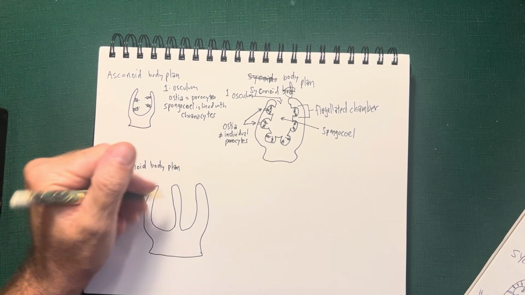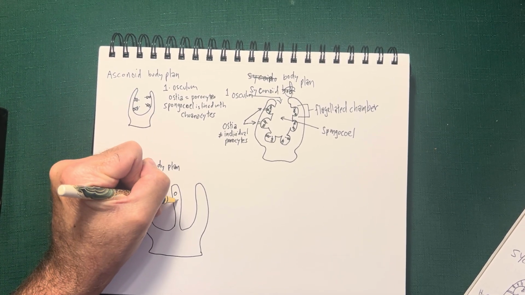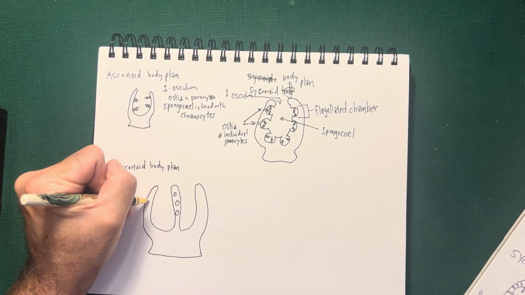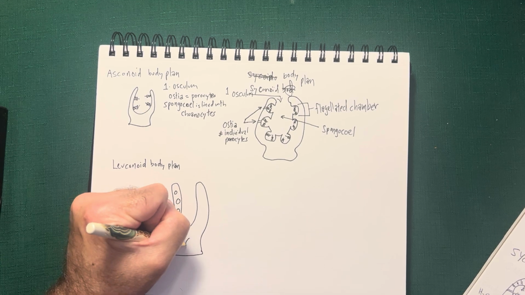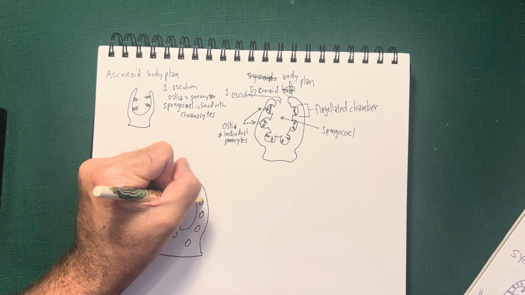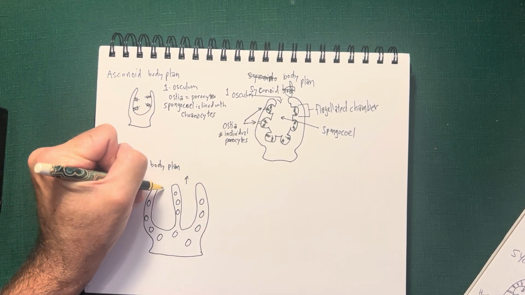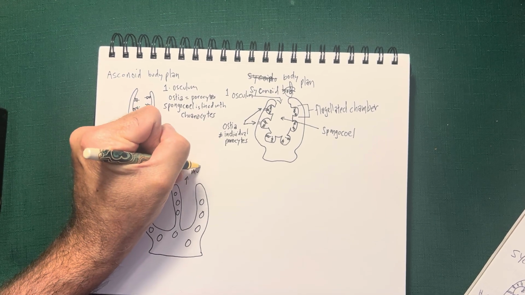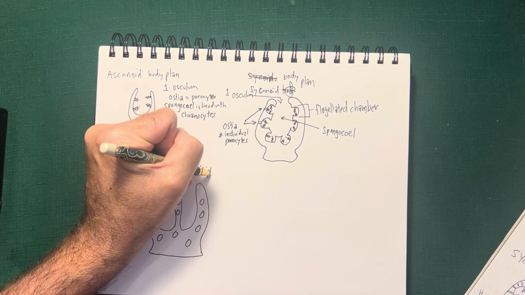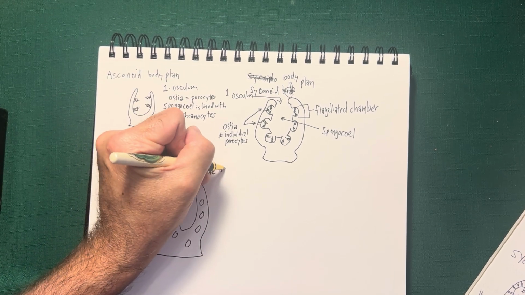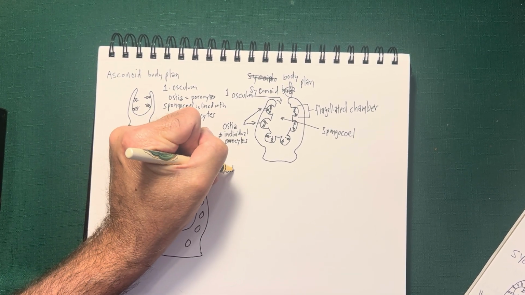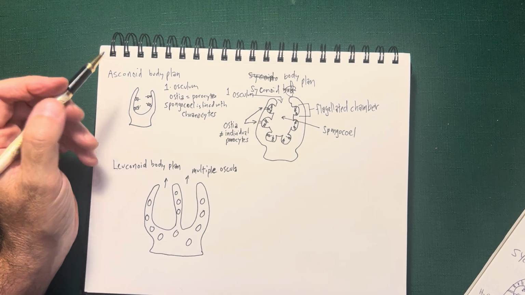Okay, so in our leuconoid type body plan, one thing you'll notice right off the bat is that now we finally have more than one osculum, we've got multiple oscula.